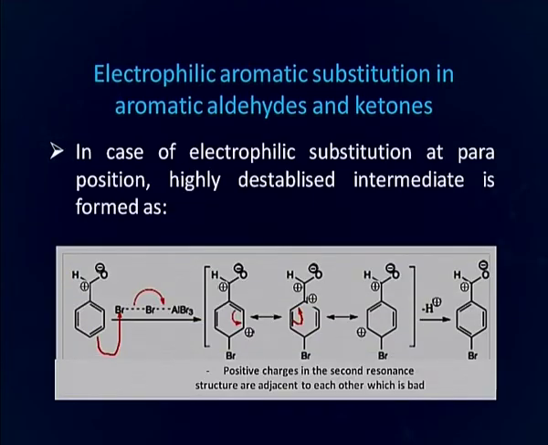In the third case, if substitution takes place at the para position, then again we find an intermediate where positive charge is present on adjacent carbons, and this is an especially destabilized intermediate. That is the reason that benzaldehyde does not undergo substitution at ortho and para positions, but undergoes electrophilic aromatic substitution at the meta position.